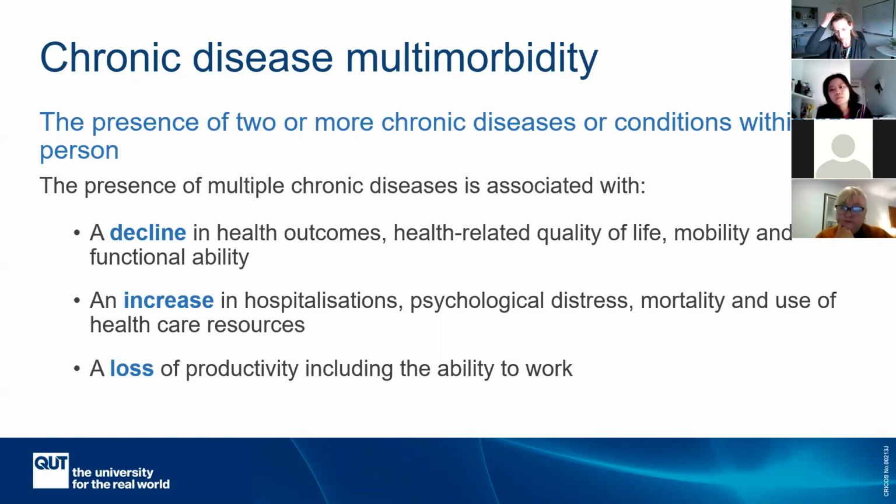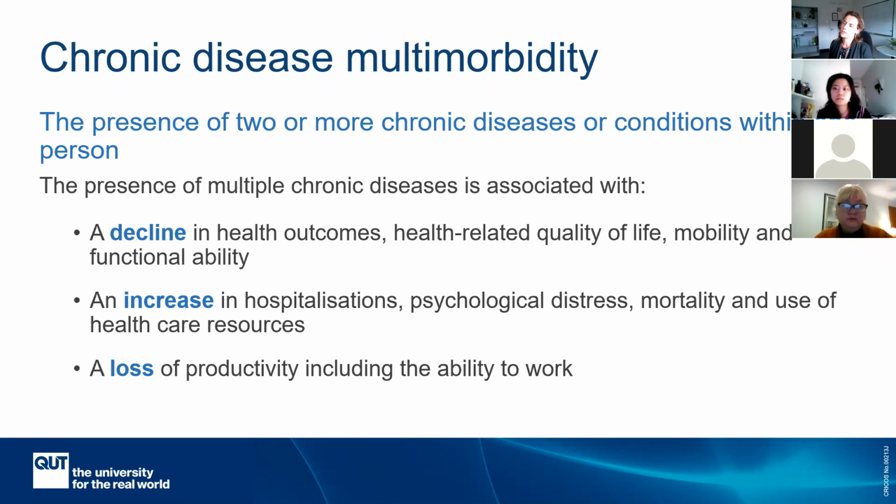That's fantastic. So on my slide, chronic disease multimorbidity is simply the presence of two or more chronic diseases or conditions within the one person. The presence of these multiple chronic diseases is associated with a decline in health outcomes, health-related quality of life, mobility and functional ability.